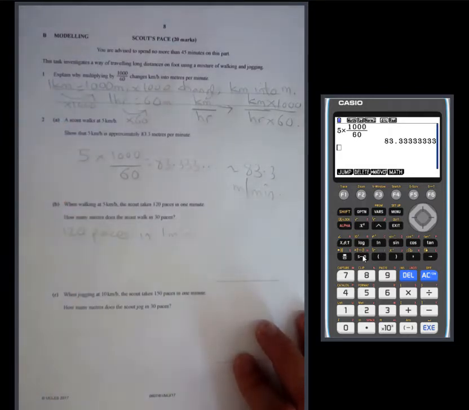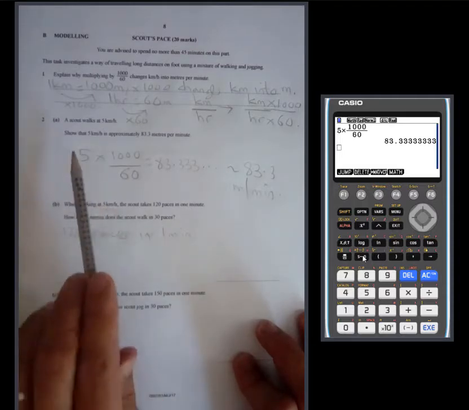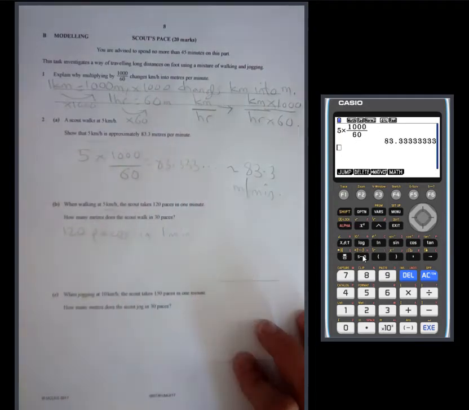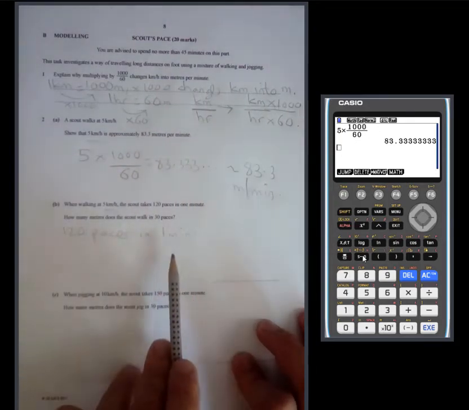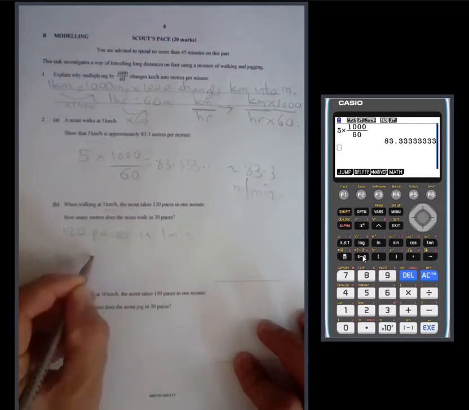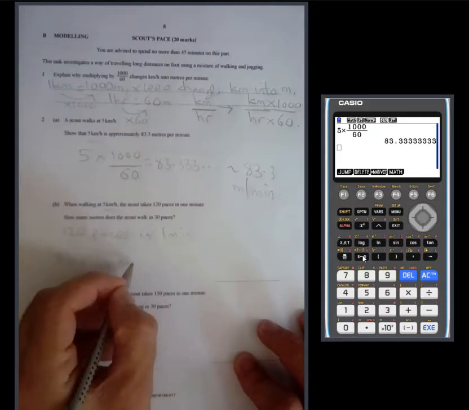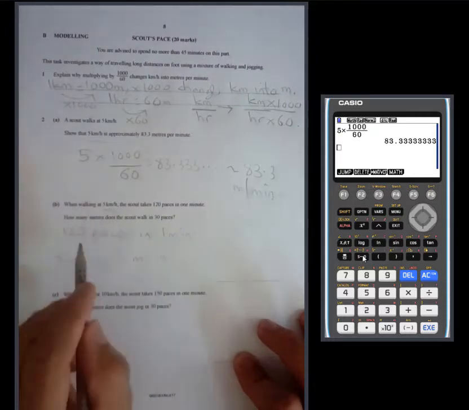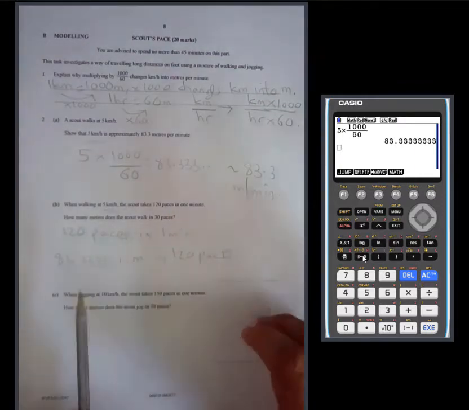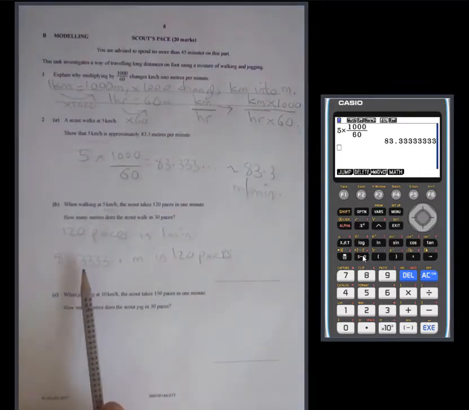So we're going to go back to something that had meters. Well, we've just worked out that at this same speed of 5 kilometers an hour, you do 83.3 meters in 1 minute. Right, so if we equate 1 minute with 1 minute, it's going to be 83.3333 meters in 120 paces, because it tells me 83.3 meters in 1 minute, 120 paces in 1 minute, so it must be 83.3 meters in 120 paces.